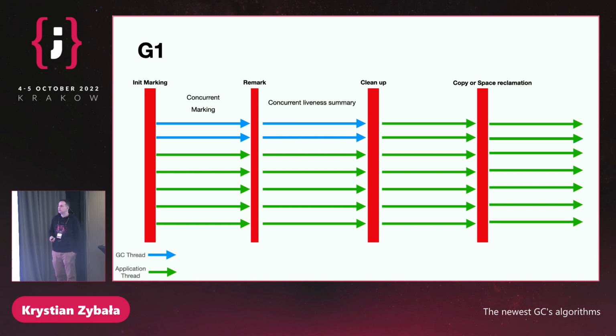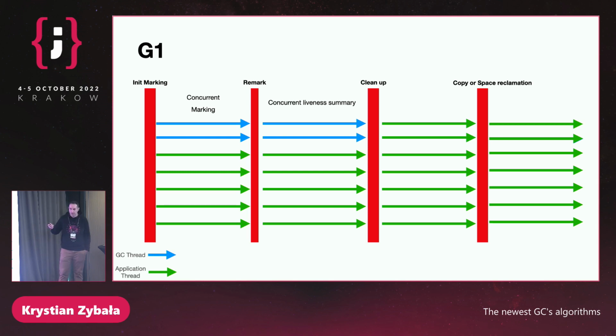And in this phase, cleanup, this is the phase when the garbage collector cleans up our heap. This phase takes more time than the previous pauses. But what is more important is that this phase is also gathering additional information for the next cycle for copy or space reclamation.